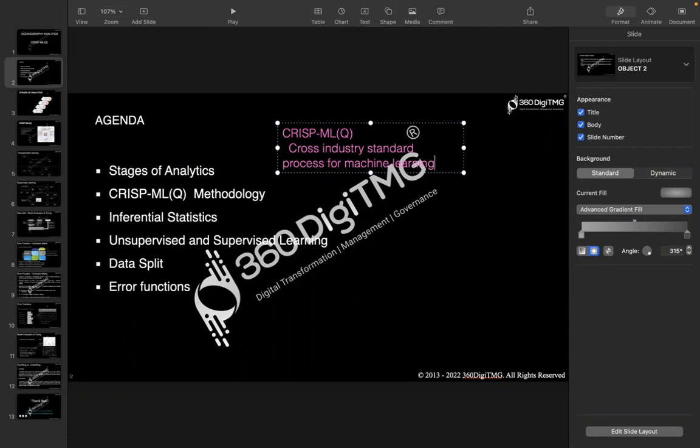So what does Q stand for here? Q stands for quality assurance. So Crypts MLQ is cross-industry standard process of machine learning with quality assurance. This was about the Crypts MLQ definition.